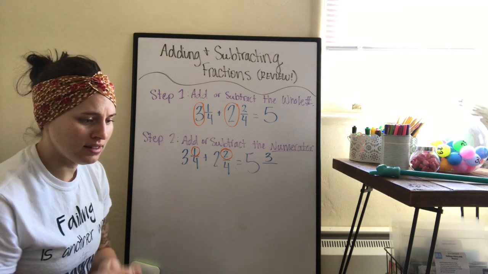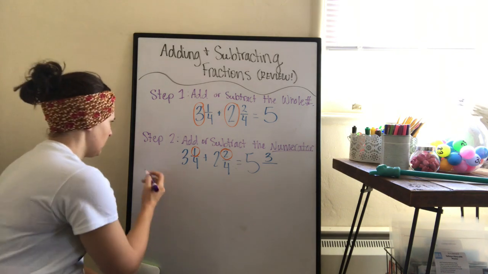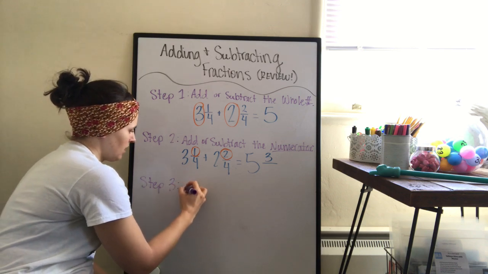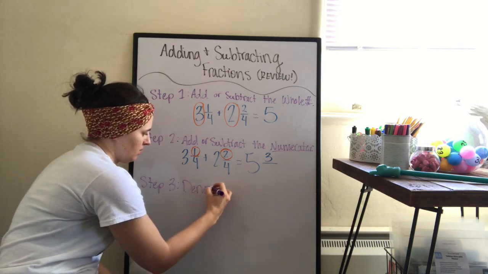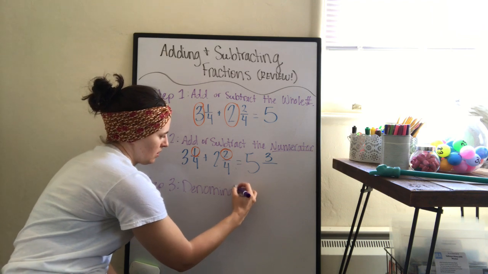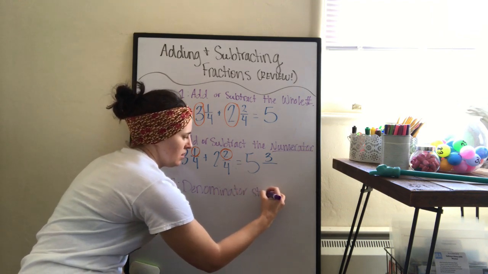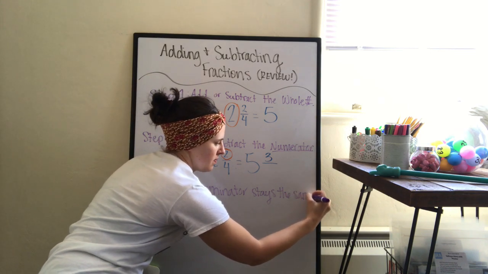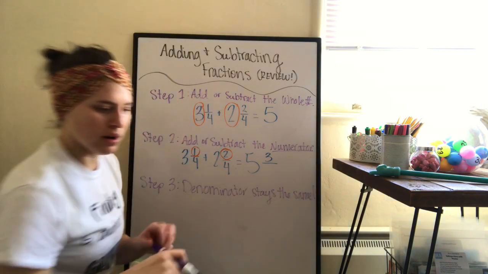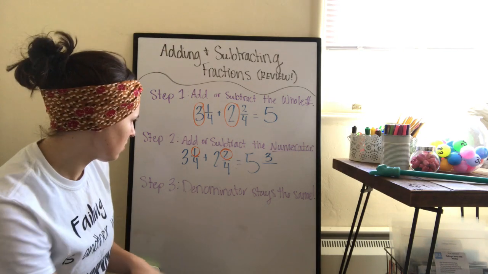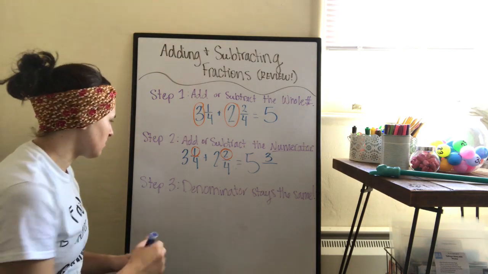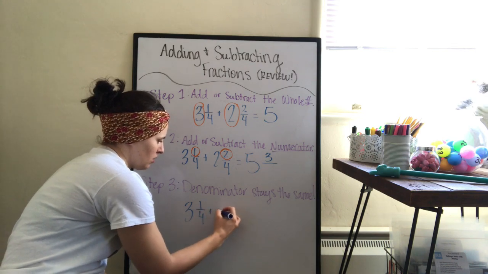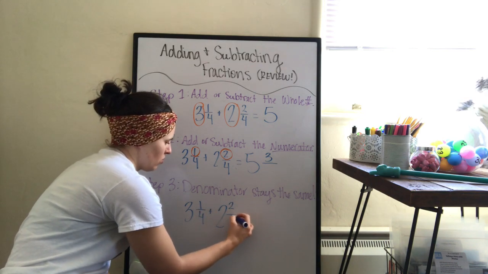And then the last and final step is very easy. It's denominator stays the same. I'm running out of my markers here. New markers. So our denominators stay the same. So we have 3 1/4 plus 2 2/4.